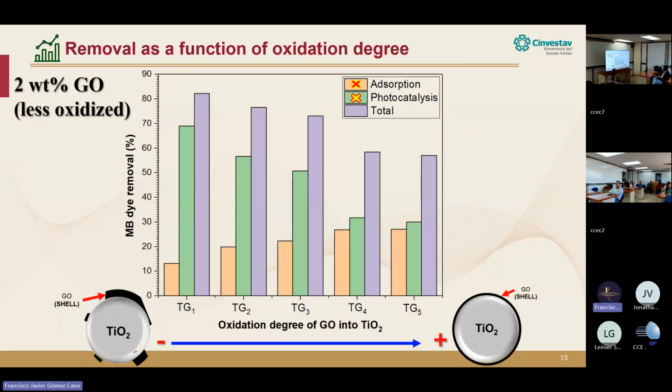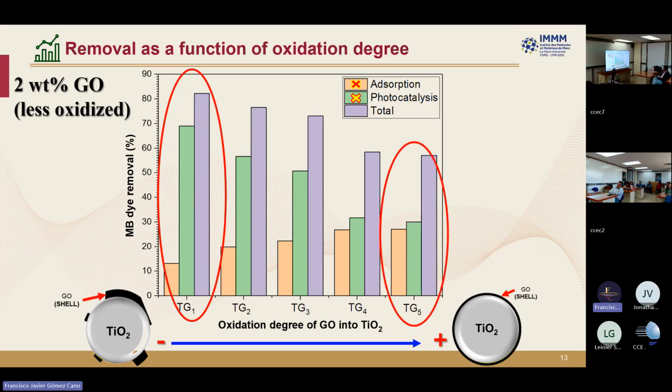When evaluating in detail the contribution of each phenomenon, we observe how the nanostructures with lower oxidation degree demonstrate less efficiency in absorption, but greater efficiency in photocatalysis if we compare both phenomena.